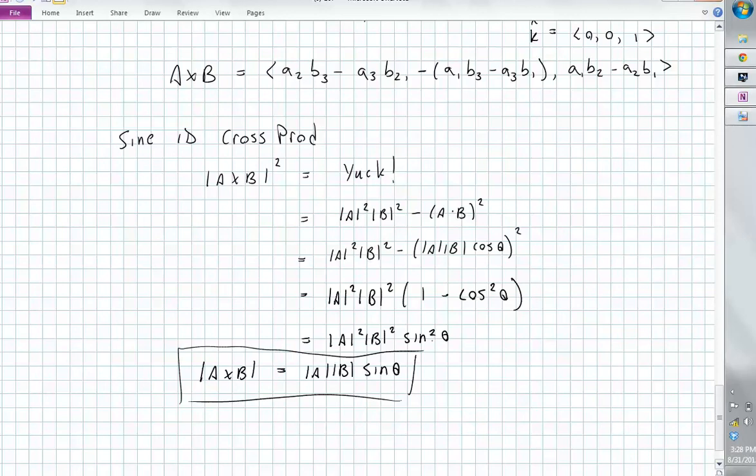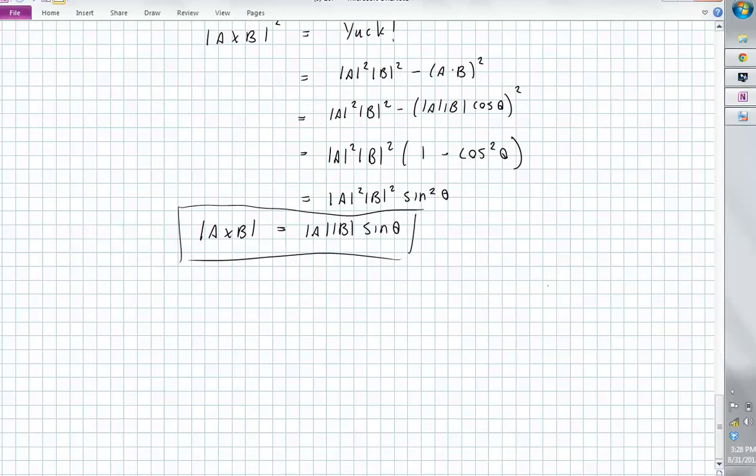Now, another interesting result about the cross product that we're not going to use for quite a while, probably around the 10th or 11th week of the semester, is when we'll be building what we call surface integrals, where we'll have a surface sitting in space and want to calculate, as a simple example, its surface area.